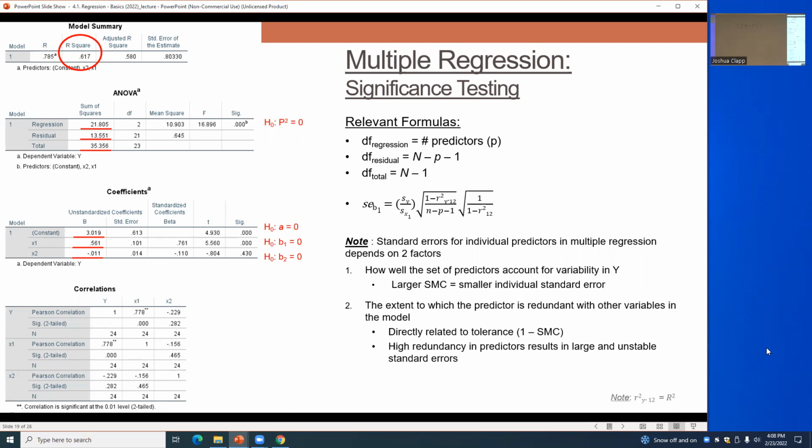And now looking up here, again, degrees of freedom regression is just my number of predictors, residual is sample size minus the number of predictors minus 1, degrees of freedom total is sample size minus 1.